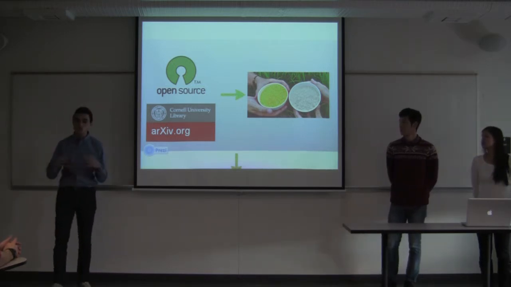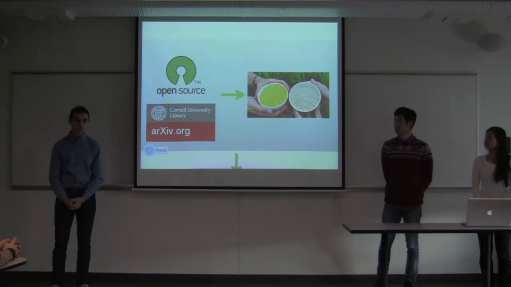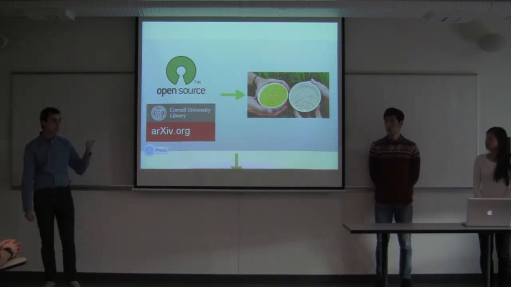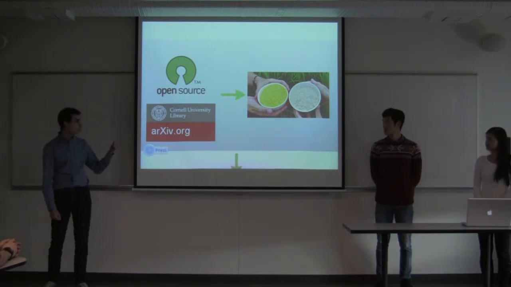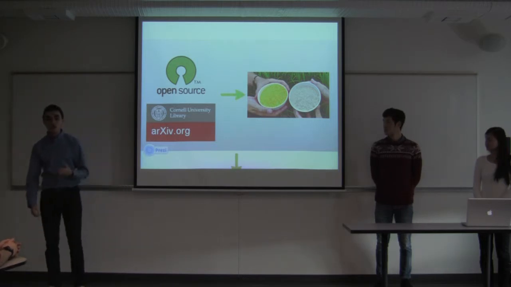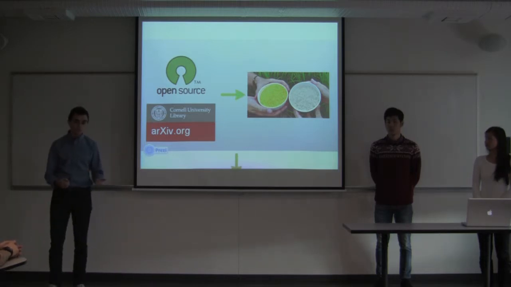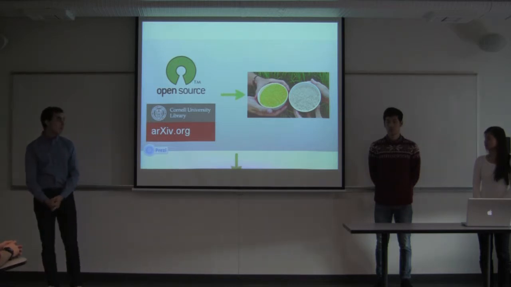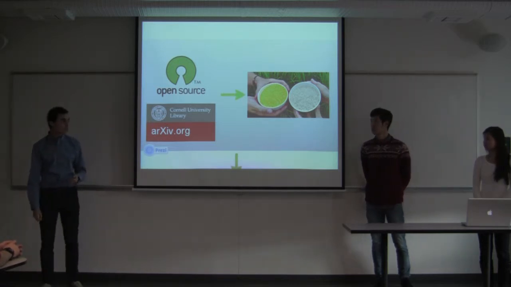So these programs continuously develop through collaboration and complete transparency. We also looked at open access journals such as arXiv, where academics can post their articles for free, and they'll be published for free access by any member of the public or other academics. And these are becoming increasingly popular.